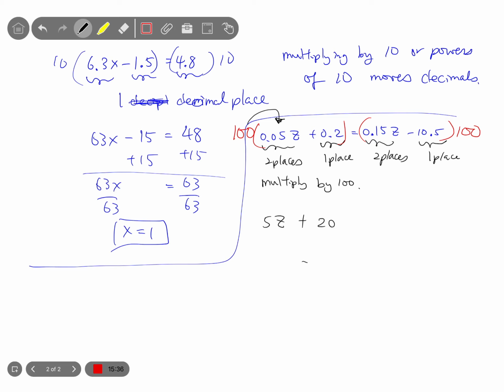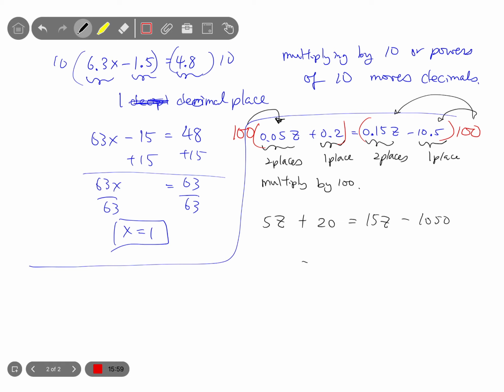Again, we just move the decimal point 2 places to the right. Equals 100 times 0.15z is 15z minus 100 times 10.5 is 1050. Again, we're just moving the decimal 2 places to the right.